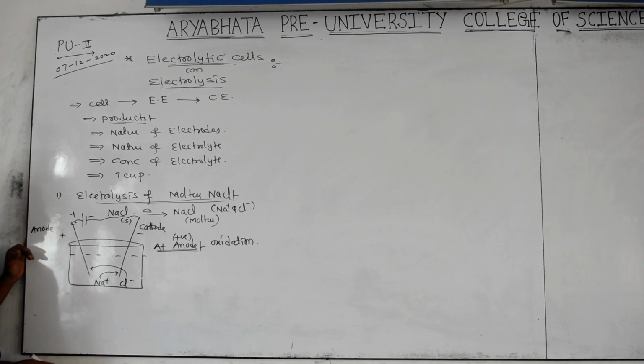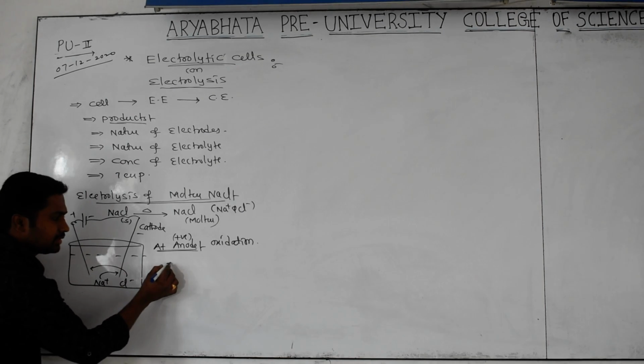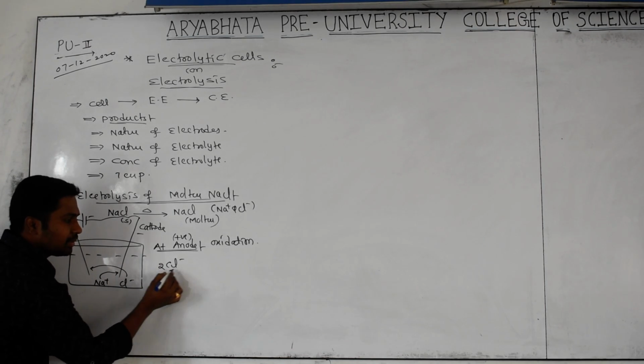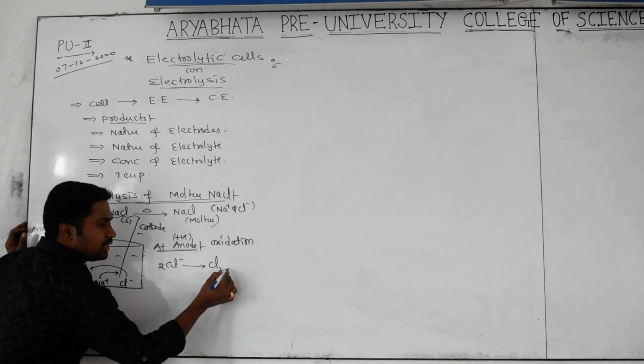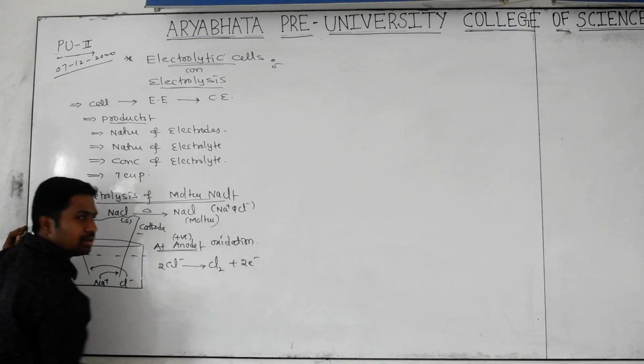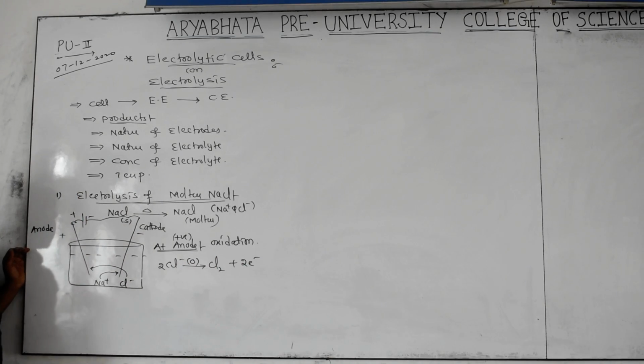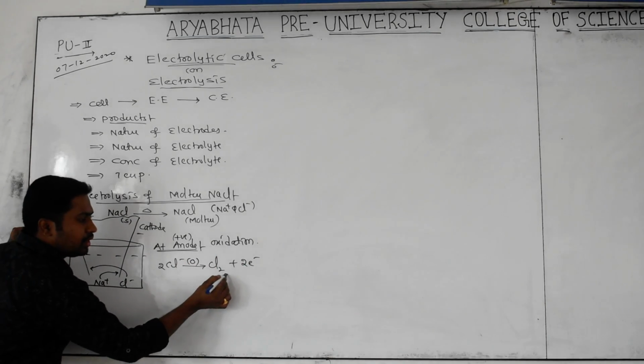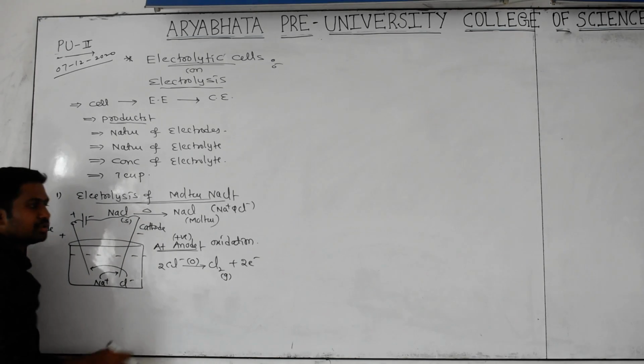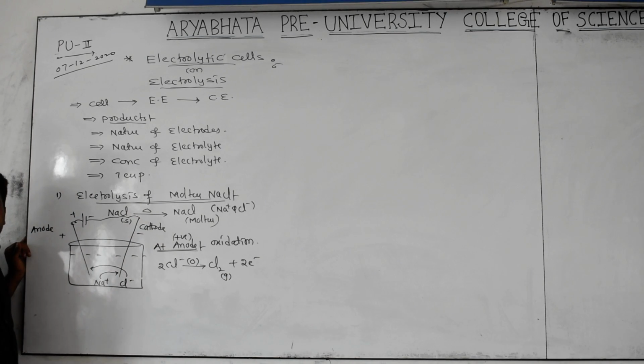Which particle moves towards the anode? Cl-. 2Cl- becomes Cl2 gas plus 2 electrons. Loss of electrons is called oxidation. So under molten NaCl electrolysis, at the anode, which gas is liberated? Chlorine gas.